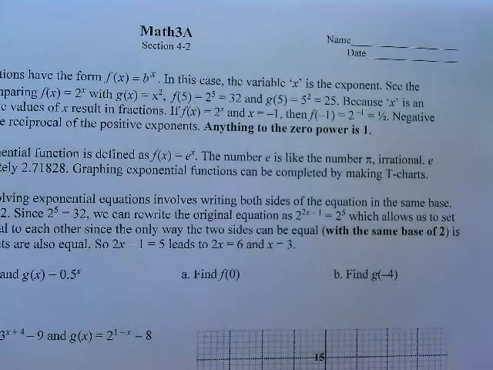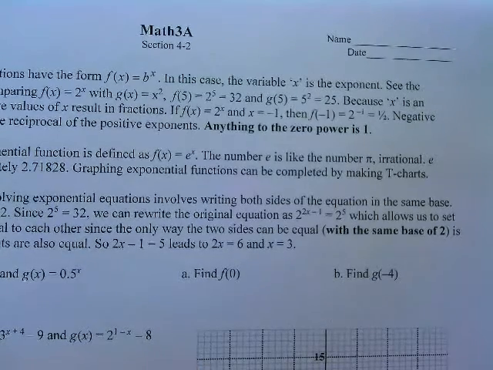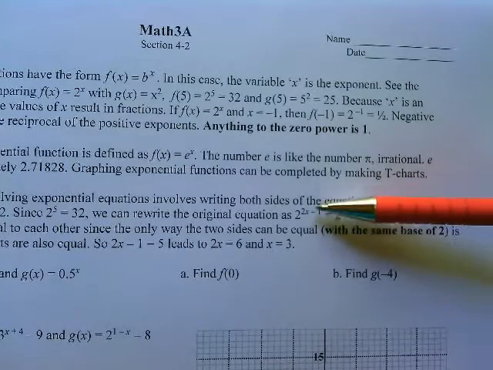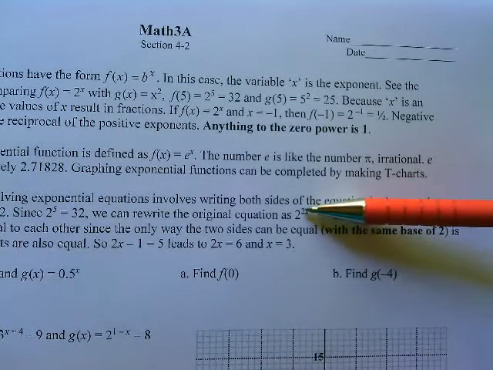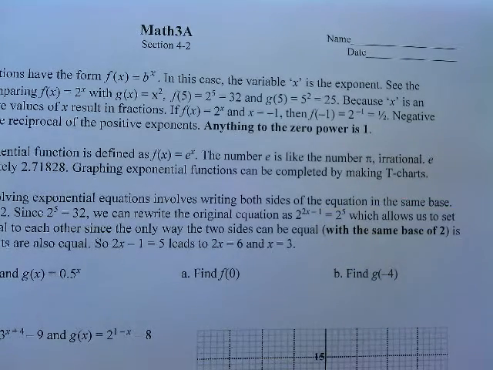And so now we can solve 2x minus 1 equals 5, which leads to 2x equals 6, or x equals 3. And of course, if we plug 3 in for x, we get 2 to the 2 times 3, that's 6, 6 minus 1, that's 5, 2 to the 5th equals 2 to the 5th.